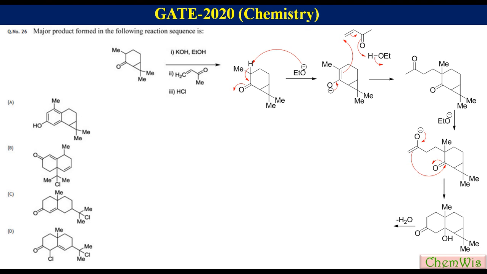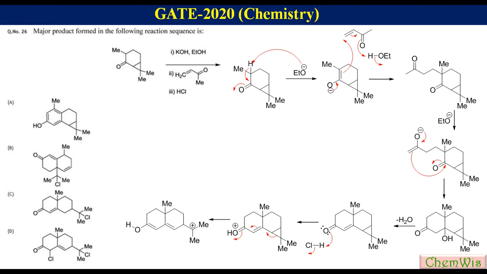Elimination of water molecule generates alpha beta unsaturated ketone. Protonation of ketonic oxygen with HCl gives this protonated ketone, which undergoes enolization accompanied by cyclopropyl ring opening to give dienol with tertiary cation.